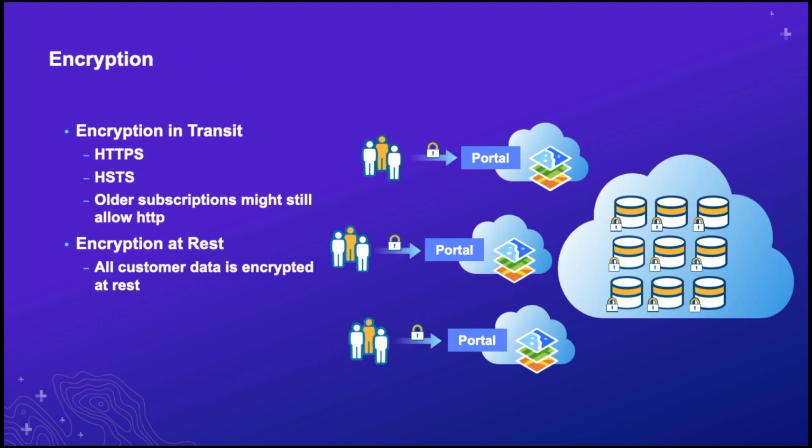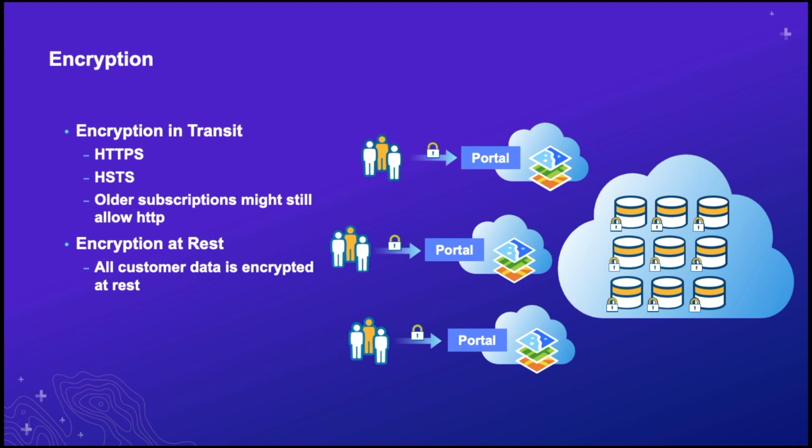Okay, now let's switch gears a little bit and talk about encryption. On ArcGIS Online, we've set up the platform to do both encryption in transit and encryption at rest. Encryption in transit is about when things are going across the wire.